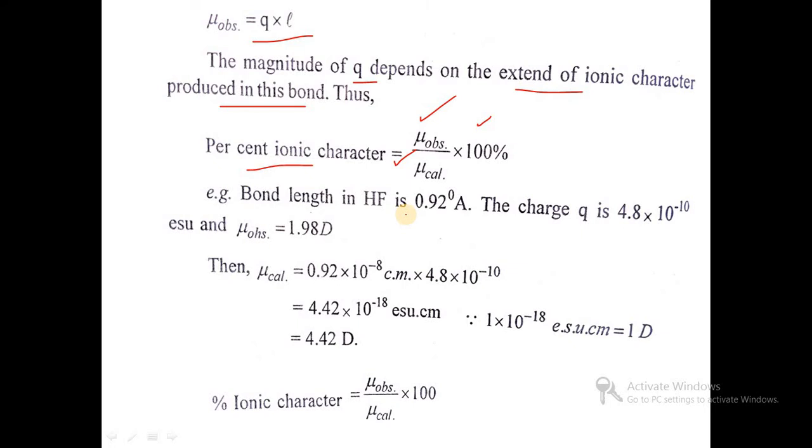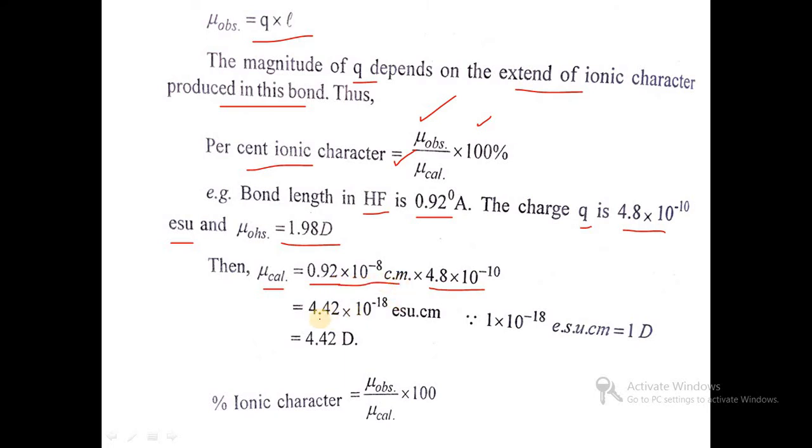For that purpose we will take one example. Suppose the bond length in hydrogen fluoride is 0.92 angstrom, the charge is 4.8 into 10 to the minus 10 electrostatic unit, and the observed dipole moment is 1.98 D. Then mu calculated is equal to q into L. The value of q is 4.8 into 10 to the minus 10, and L means distance, 0.92 angstrom, which is 0.92 into 10 to the minus 10 centimeter.